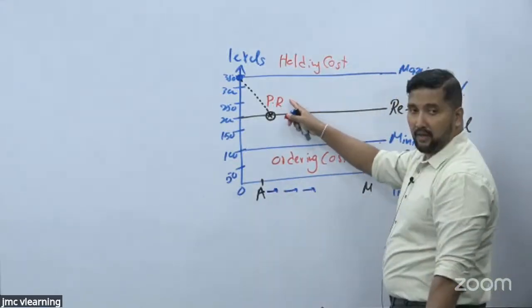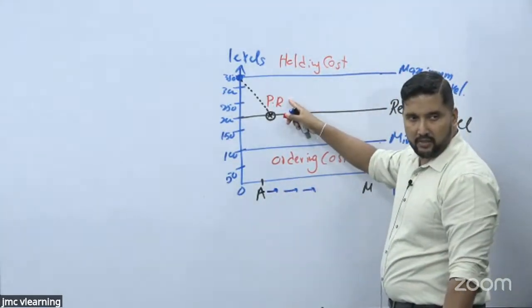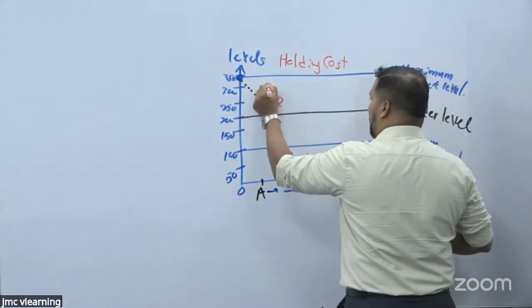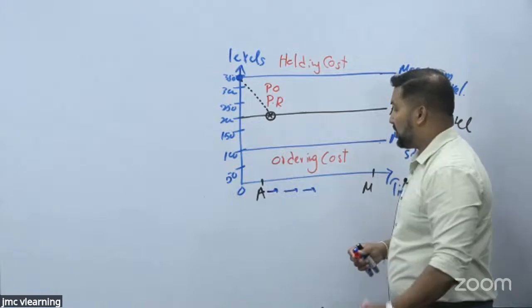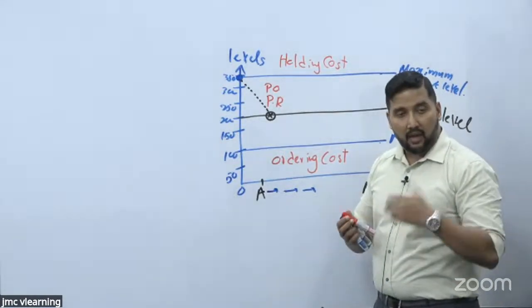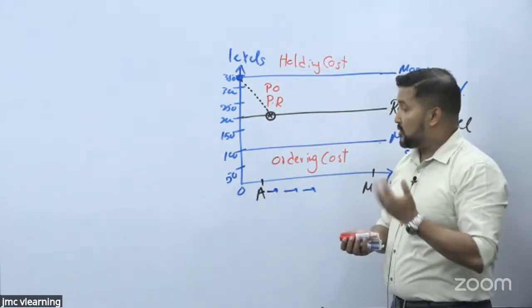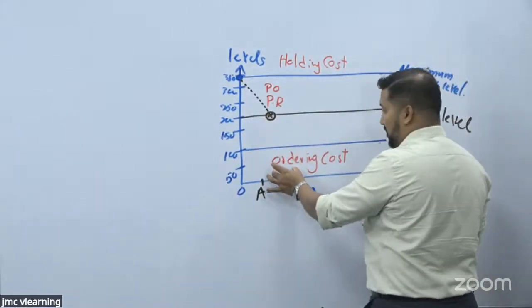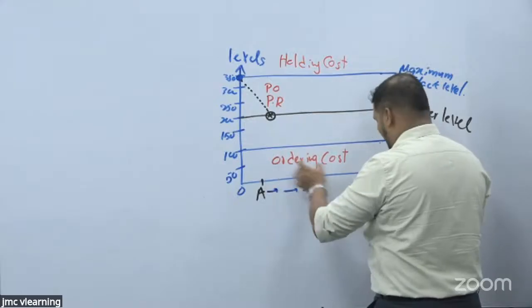What do we mean by PR? Purchase requisition. Based on the PR, the purchasing department will raise a document called a PO, purchase order, so that they will place the order with the suppliers. Then you will have enough stock to run the operations.